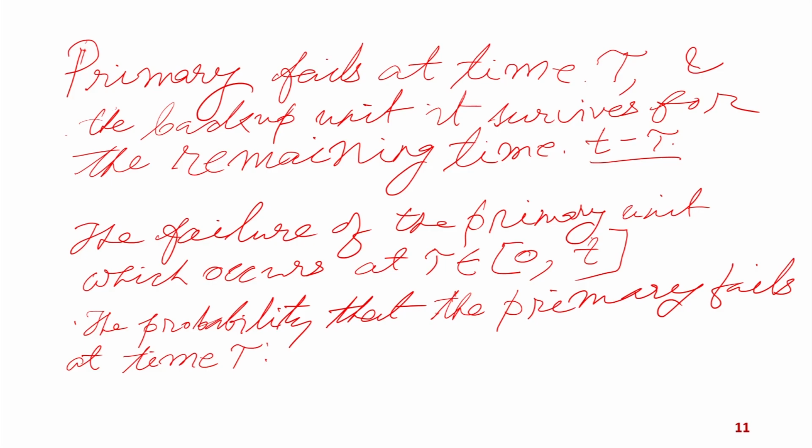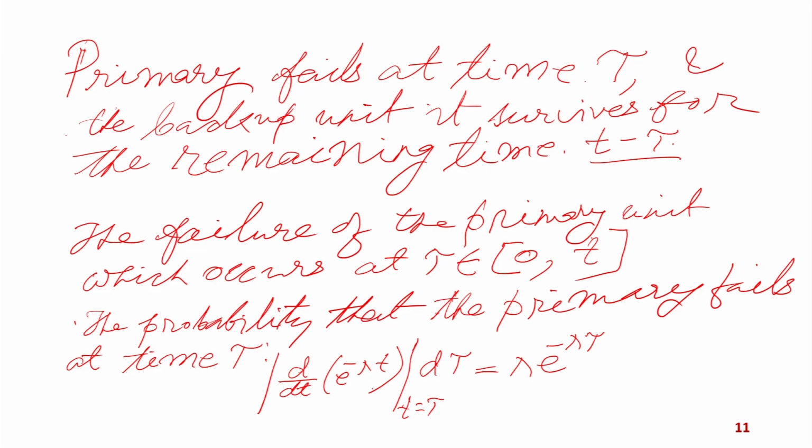So, if I differentiate the probability function, I will get the probability density function. So, that probability I can find as d by dt of e to the minus lambda t multiplied by d tau. So, we are considering just a small time interval delta tau around the tau, and we are using t equal to tau. So, this will be equal to lambda e to the minus lambda tau d tau.